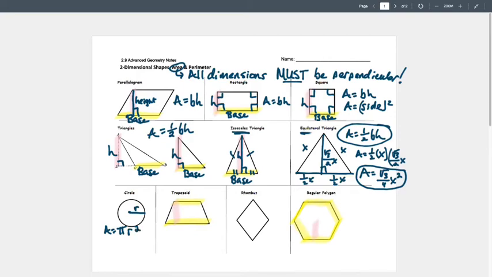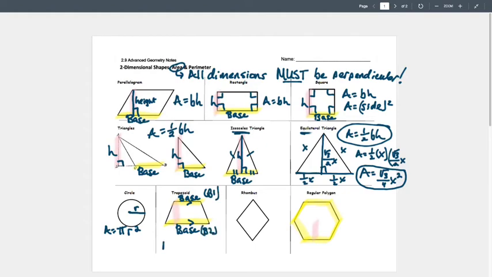Trapezoid. I've got two bases. If you'll recall when we talked about trapezoids earlier, the bases are the parts of the quadrilateral that are parallel to each other. This is parallel to this, and there's two of those bases. I'm going to name this one B1 and this one B2.